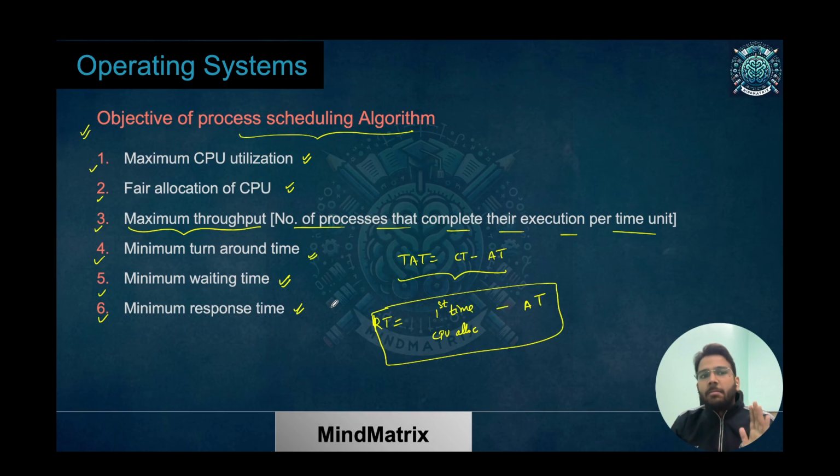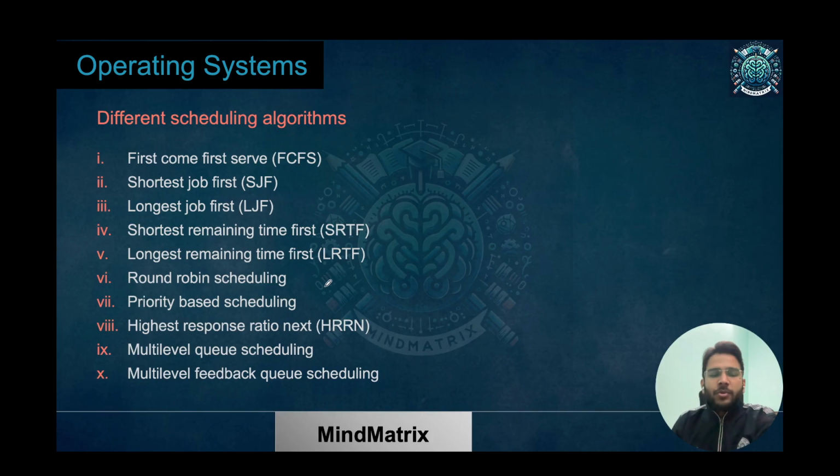So these are the main objectives of scheduling algorithms when we are scheduling the processes. Clear? I hope it is clear to all of you. Let's proceed further. There are different CPU scheduling algorithms: first come first serve, shortest job first, longest job first, shortest remaining time first, longest remaining time first, round robin scheduling, priority based scheduling, highest response ratio next scheduling, multi-level queue scheduling, and multi-level feedback queue scheduling.